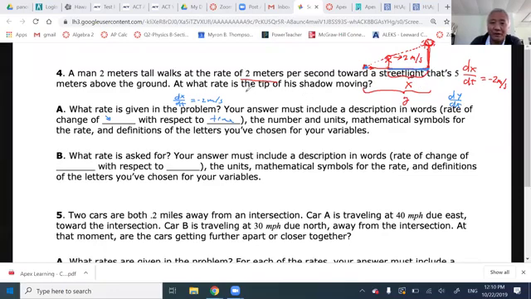That means at what rate the shadow is going. Your answer should include the rate of change of the distance of the tip of the shadow to the street light, with respect to time.